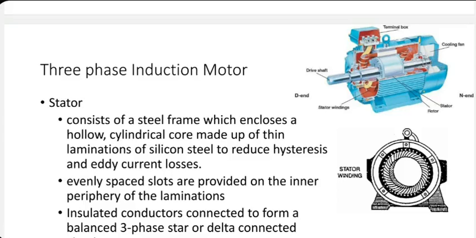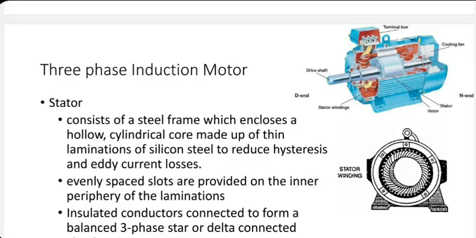There is no DC input required to the rotor. Instead, all the conductors on the rotor are short-circuited, and that produces a transformer-like effect. I'll go into theory a little bit later in detail, but for now, just take the construction aspects in mind.